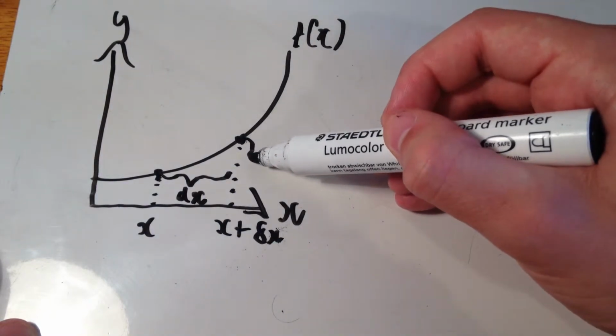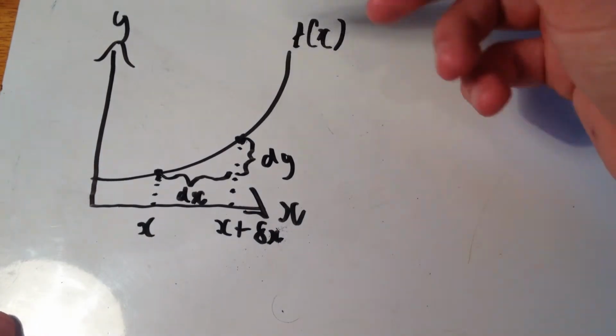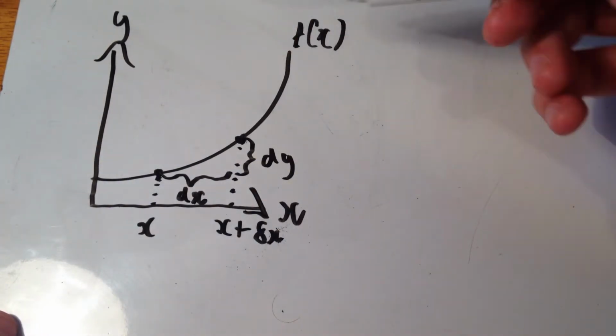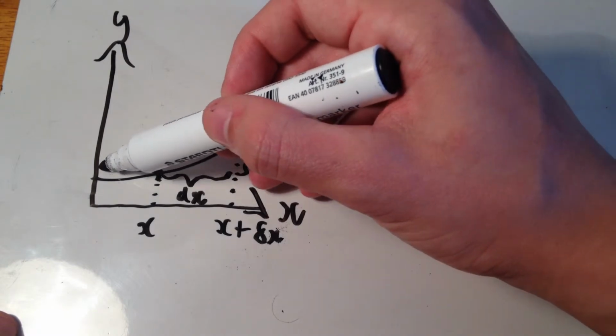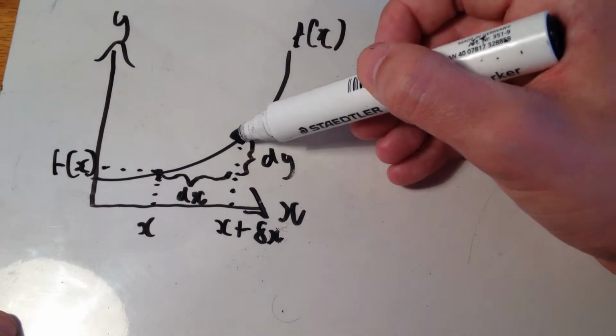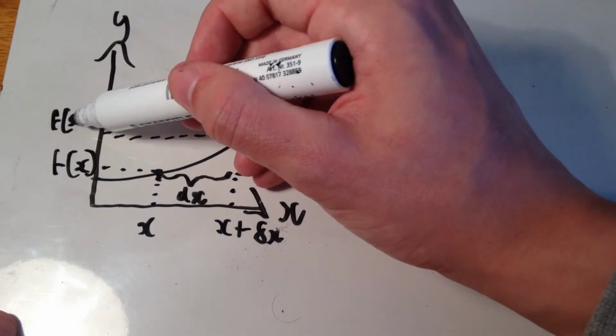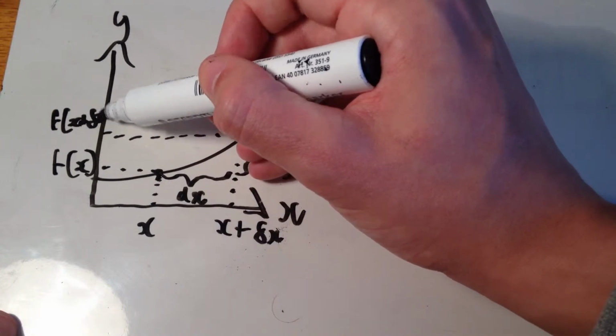And this will obviously be dy. And if we were to input x into the function, it can be shown as f of x. And this one, if we put x plus dx into it, would give f of x plus dx.